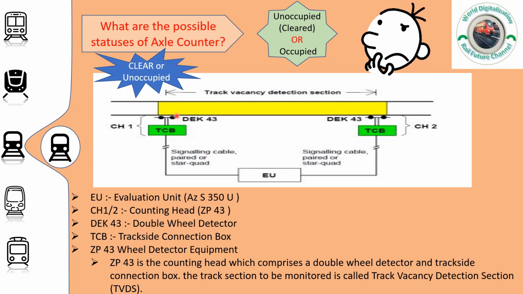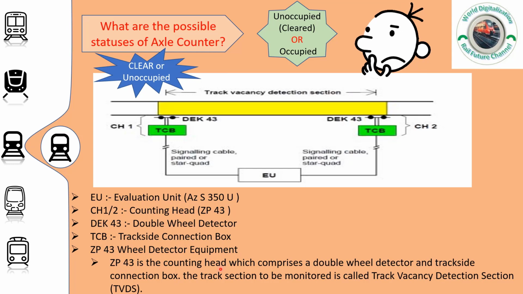We have system 1, system 2, and two TCBs here. This is the track side connection box, and the ZB43 wheel detector equipment.